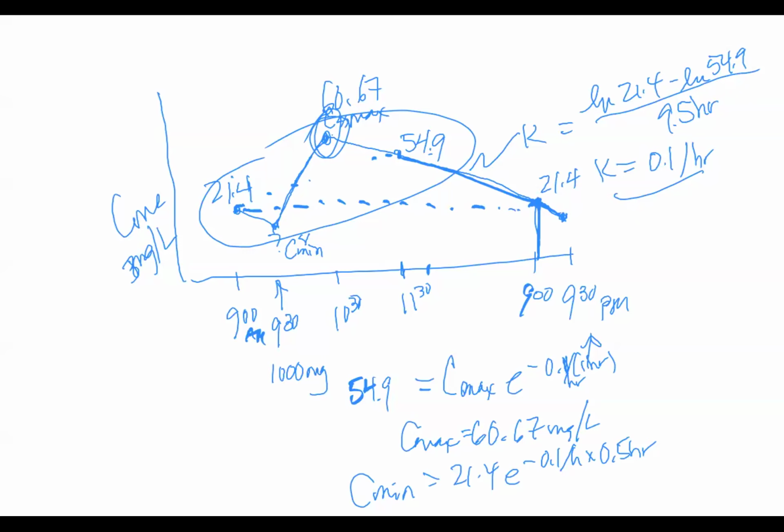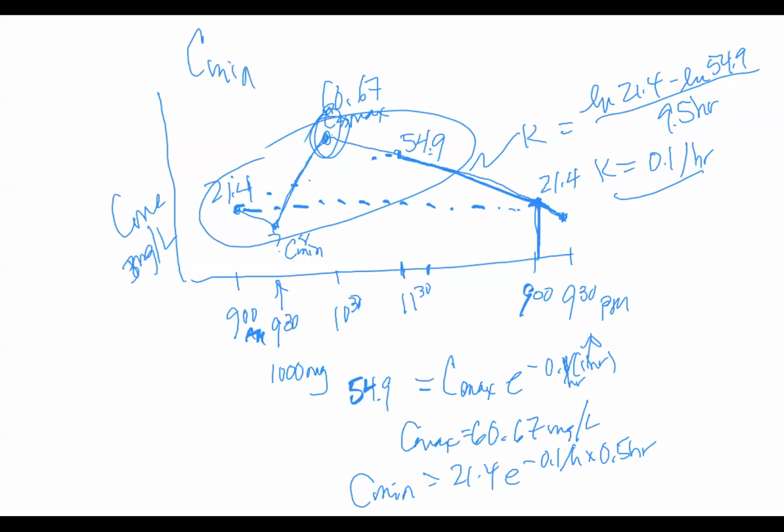Slow down. Scroll down. Oh, you can't see. Can I? You know what? I'll just write it up higher. Well, I'm sorry. So C min. Can you see it now?